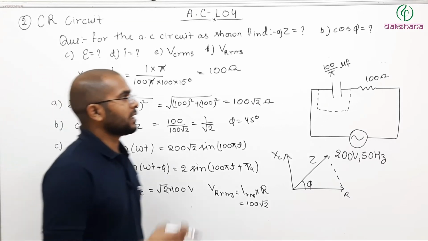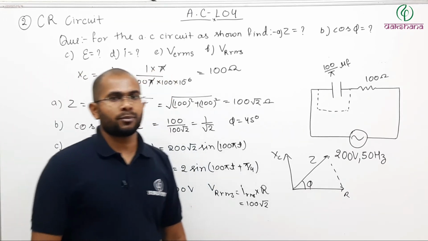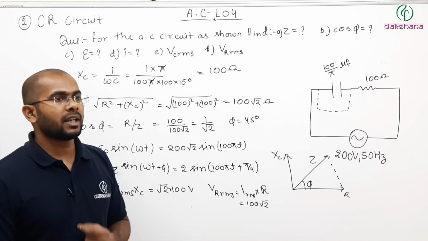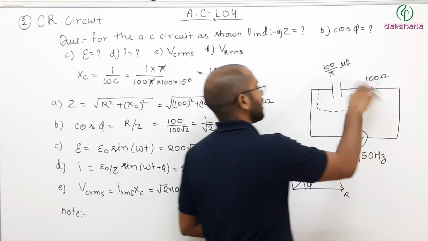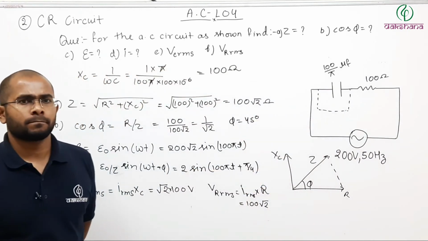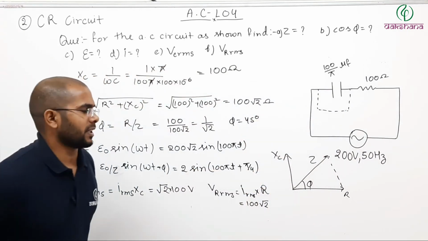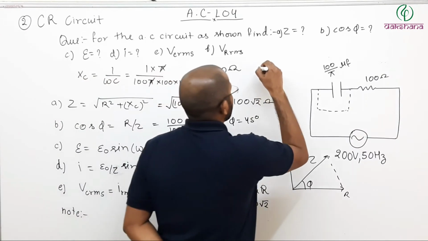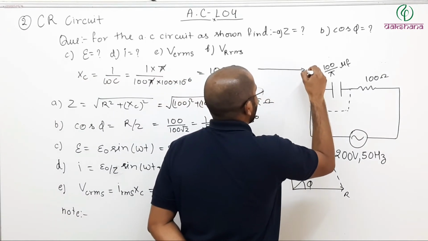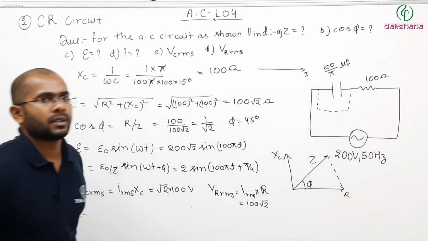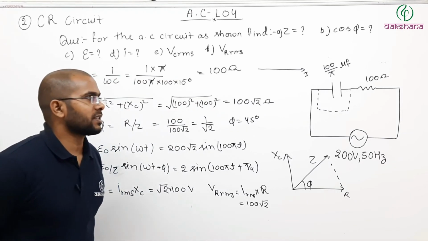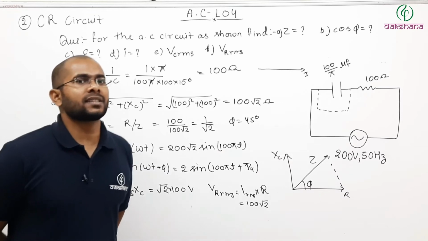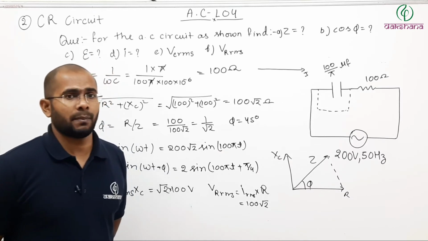Now, if you cannot directly add, then what would be the case? Remember, in a series circuit, the current would be the same everywhere. So let us try to draw in vector form. If this is the current, remember, in a capacitor, the current leads the EMF or the potential by pi by 2.